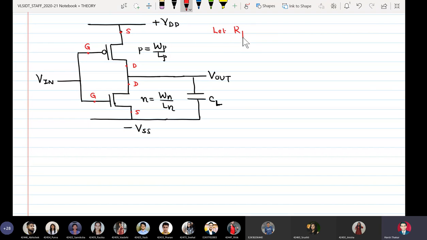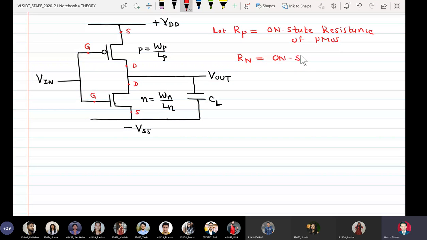Let RP be the on state resistance of PMOS, and RN be the on state resistance of NMOS.